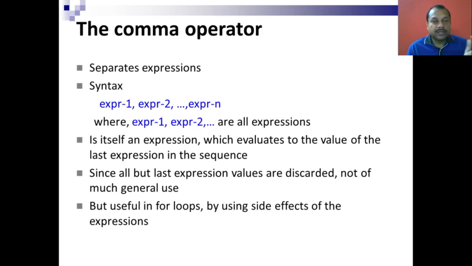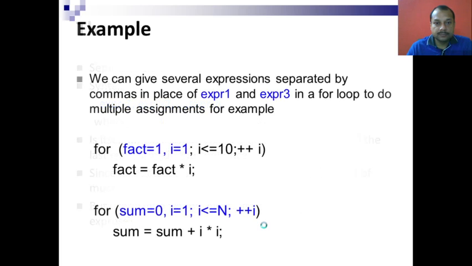Then both statements will be executed, and those two separated by a comma will be considered as one expression. It is useful in for loops by using side effects of the expressions.